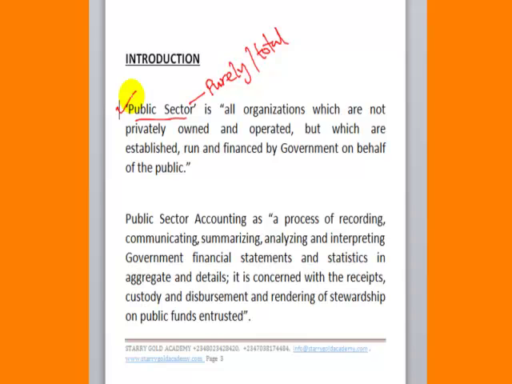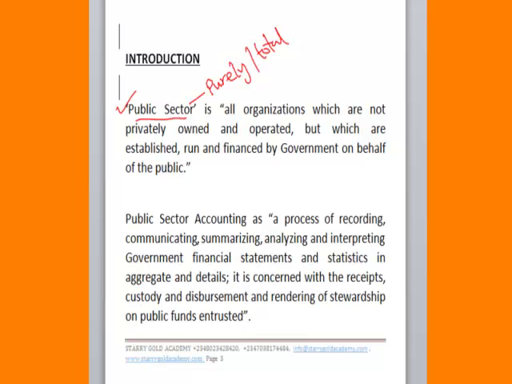Some authors said that public sector accounting is a science of collecting, recording, analyzing, summarizing, interpreting, and recording financial transactions of an organization of various stakeholders for the purpose of decision making.